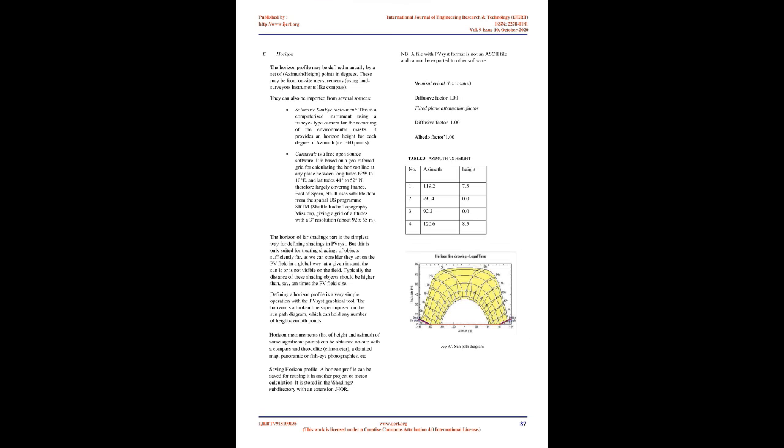Thermal loss factor, U equals UC plus UV * wind velocity. Constant loss factor UC, 20 W/m²K. Wind loss factor UV, 0.0 W/m²K.